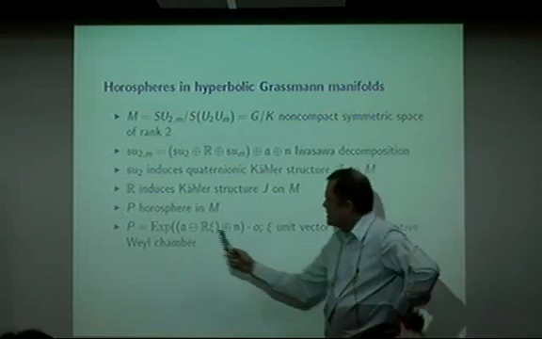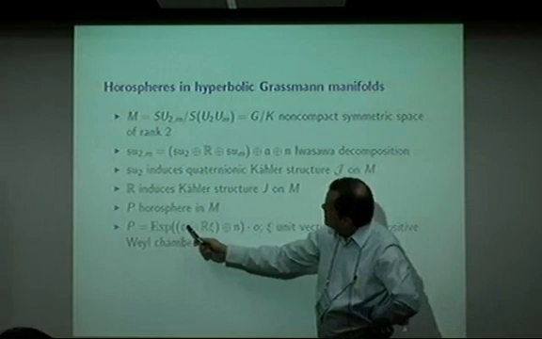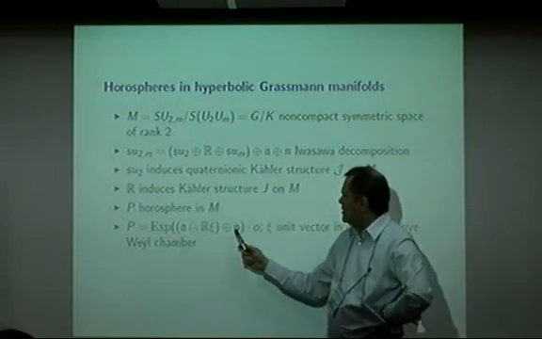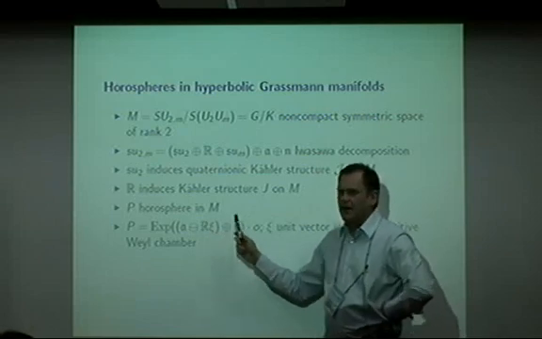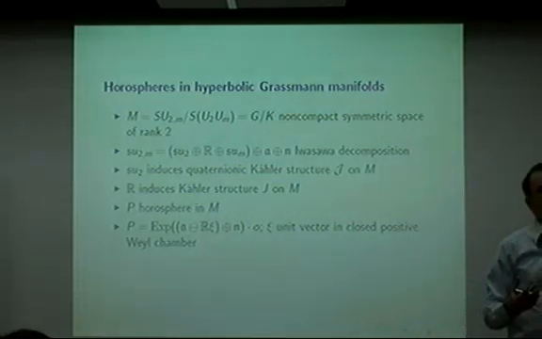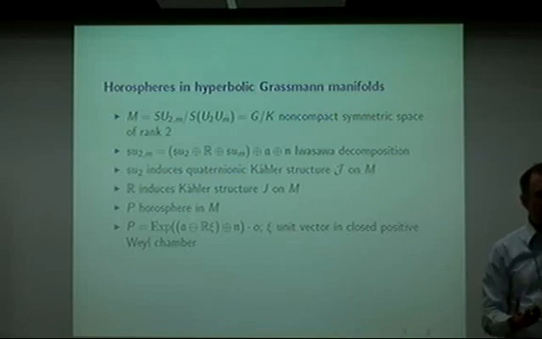Here we have rank 2, so A is two-dimensional. So the codimension of n is 2 in A plus n. The codimension of a principal orbit of n is 2, whereas a horosphere is always a hypersurface. So the orbits of n do not give horospheres anymore.